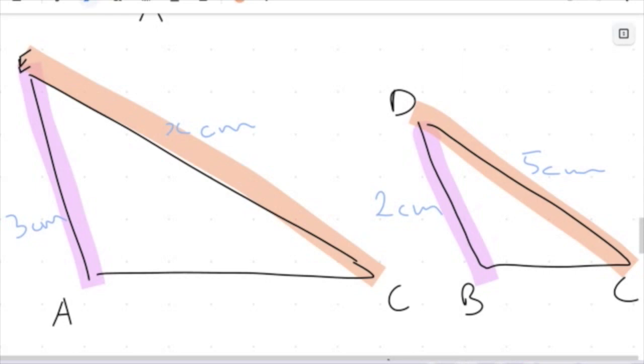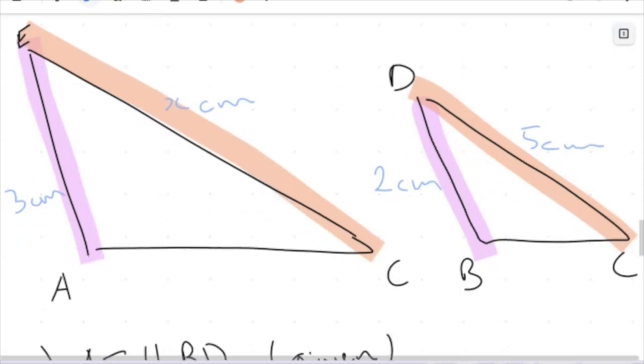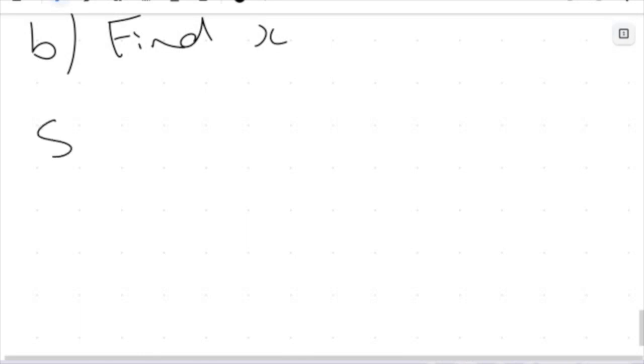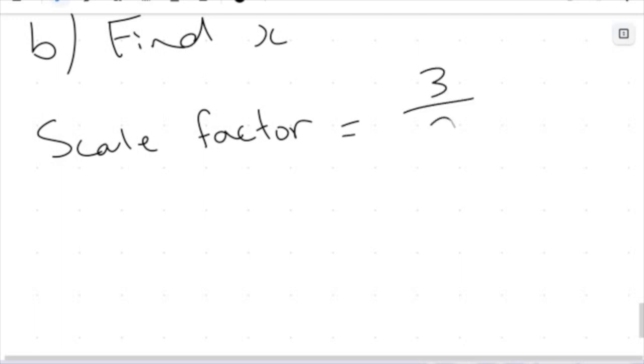So, I have two corresponding sides here that I have measurements for, this 3 and this 2. So I can say that the scale factor equals 3 over 2, which equals 1.5.